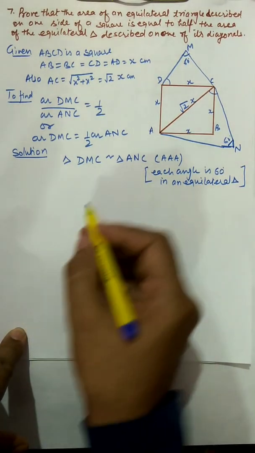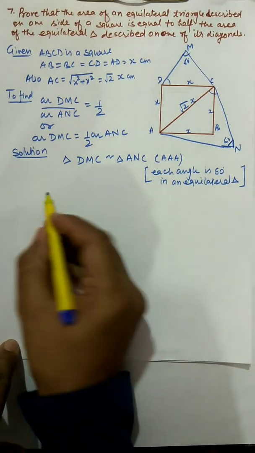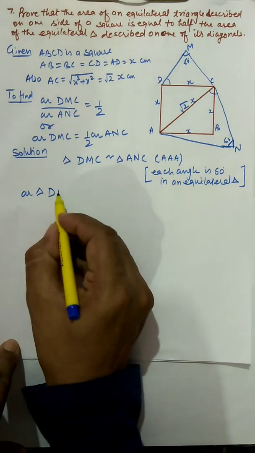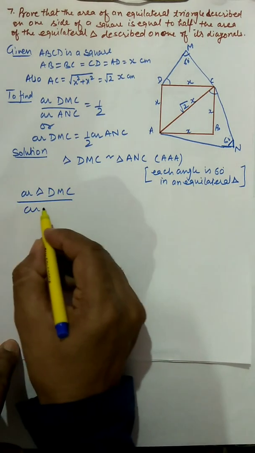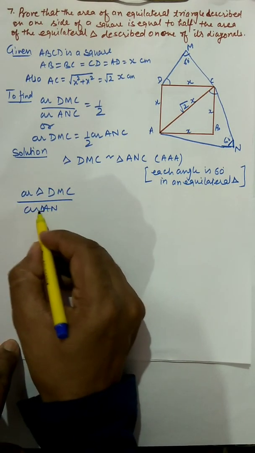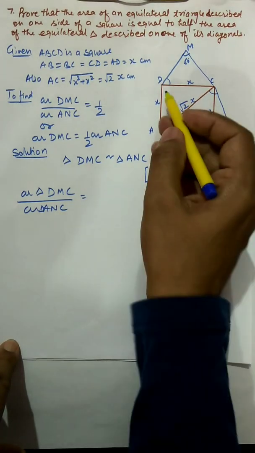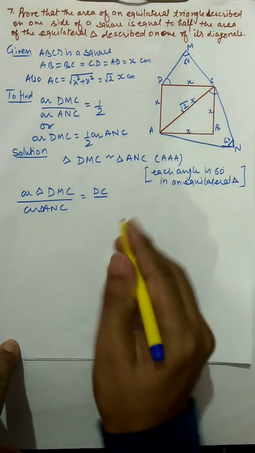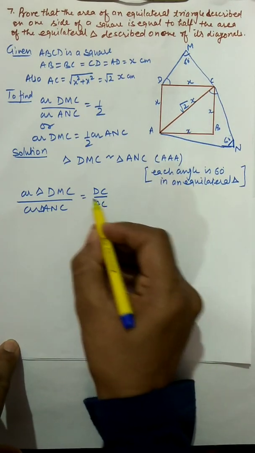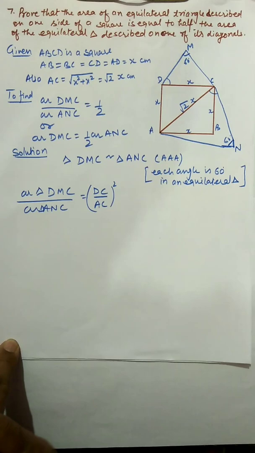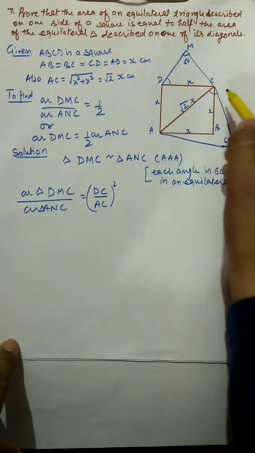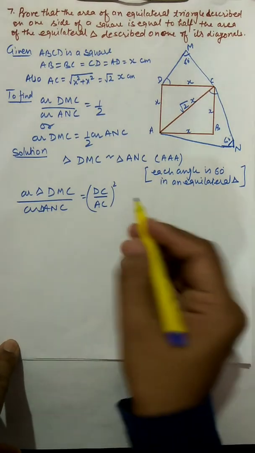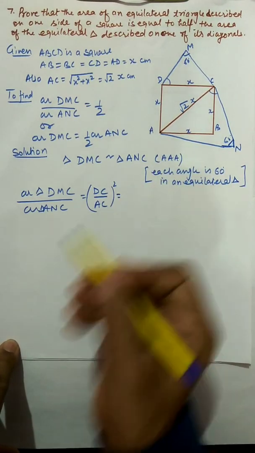Okay, now if these triangles are similar, we know the ratio will be area DMC upon area ANC. We take one side DC of this triangle, and another side which is AC of this triangle. So DC is the side of DMC and AC is the side of ANC. All sides are proportional, so we can take any two sides.